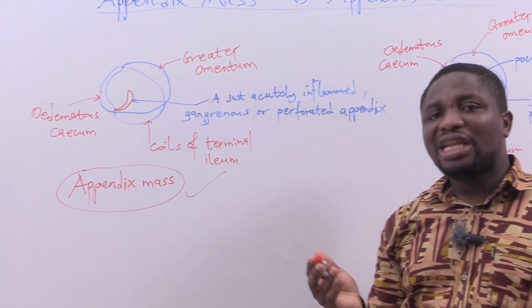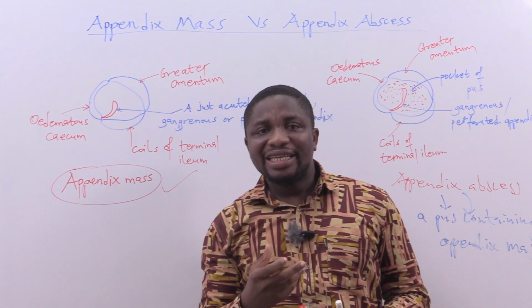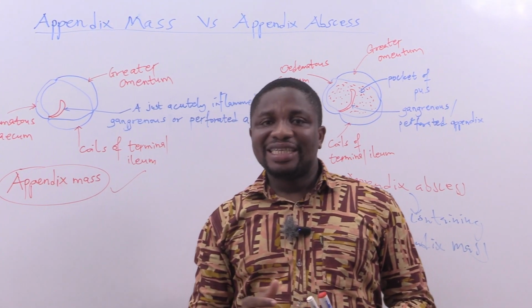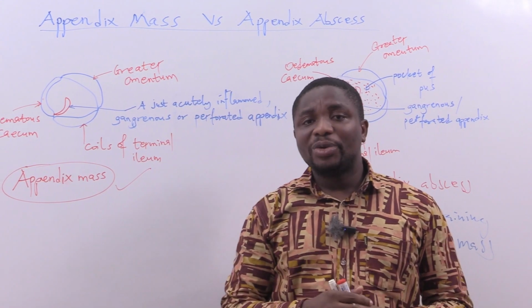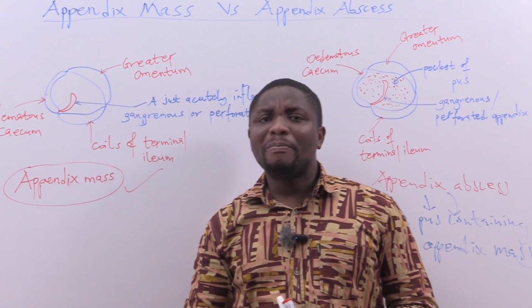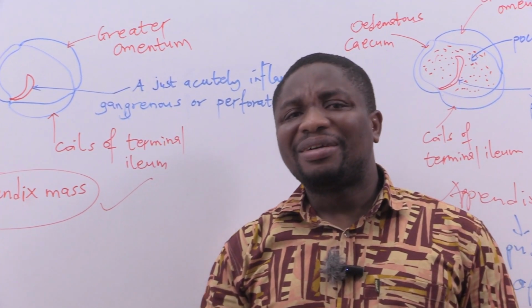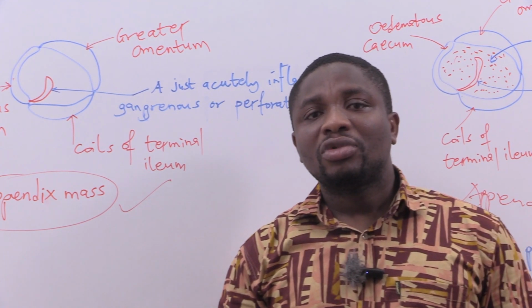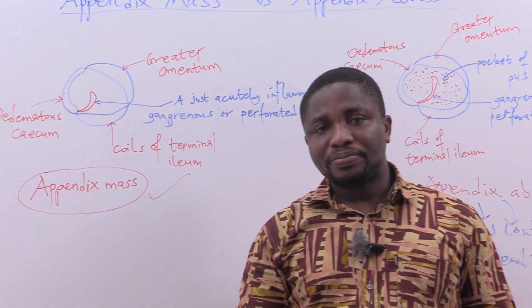So the relationship between appendix mass and appendix abscess is that appendix abscess is a pus containing appendix mass. And appendix mass, as we said, is the just acutely inflamed or gangrenous or perforated appendix buried at the center and surrounded by edematous cecum, coils of terminal ileum, and the greater omentum.